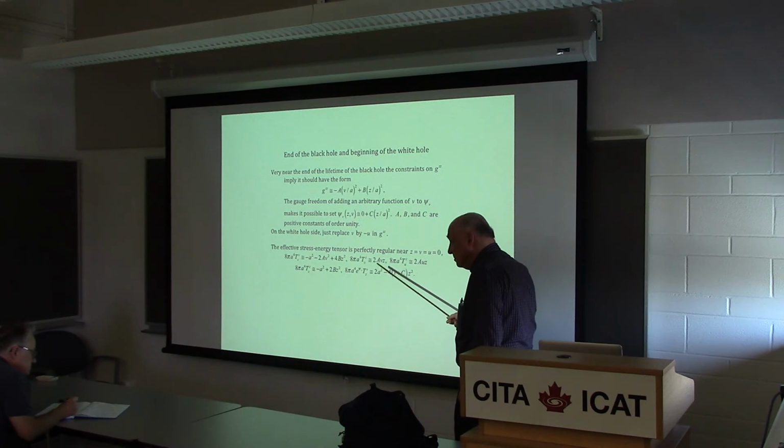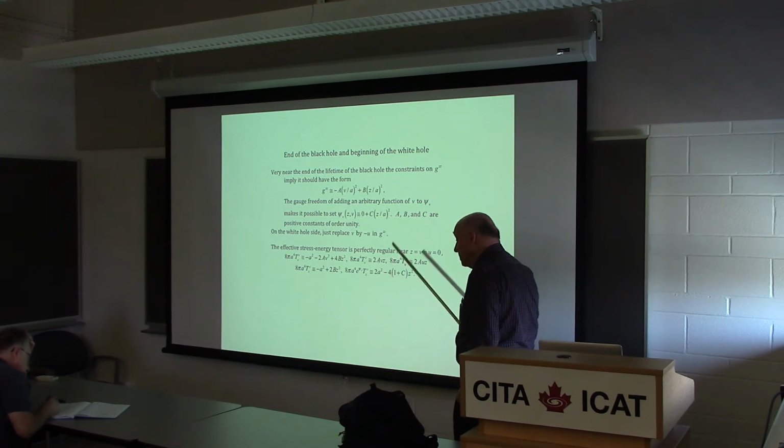Everything's finite. The main takeaway of this is that everything's perfectly finite at the transition and at the endpoint. There's no singularity at the endpoint.